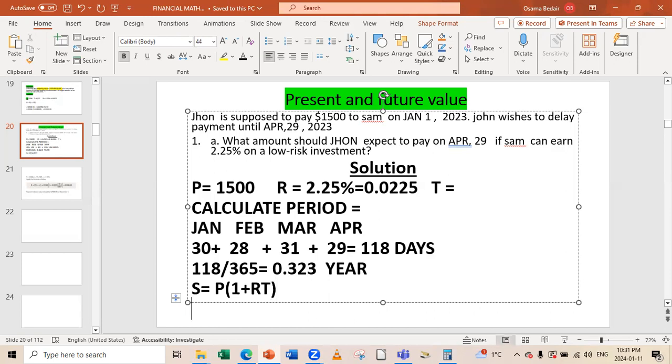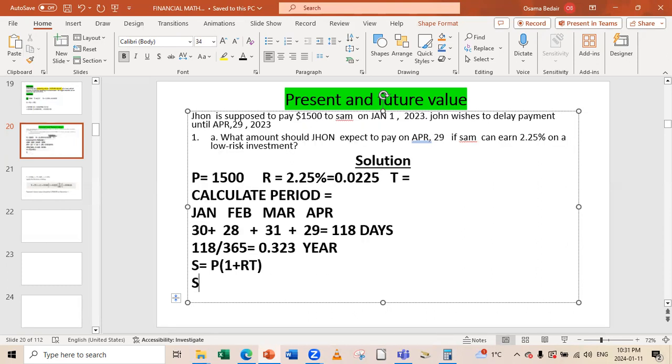So S is unknown because we are calculating S. P is $1,500 multiplied by 1 plus the R. The rate of interest is 0.0025.